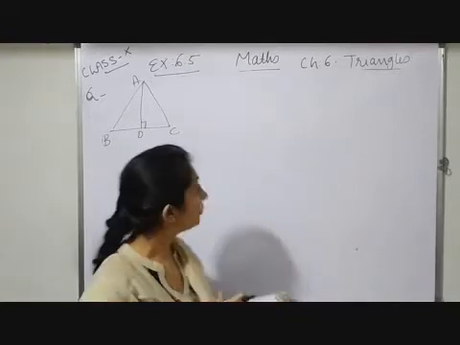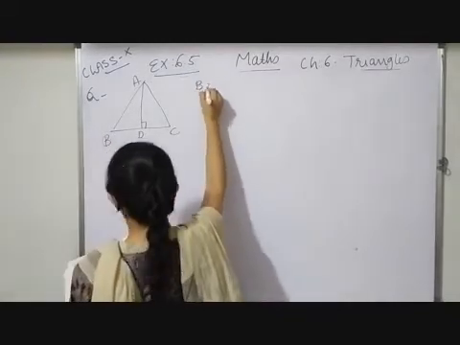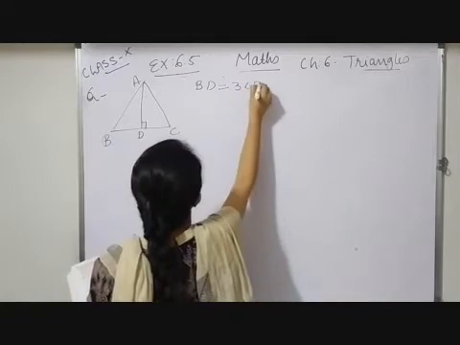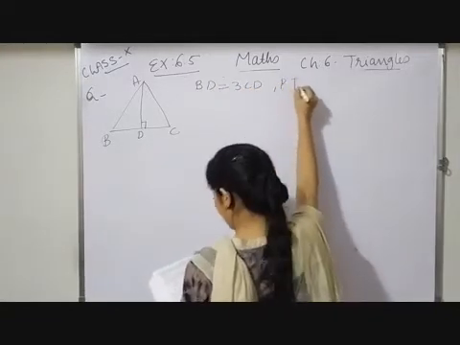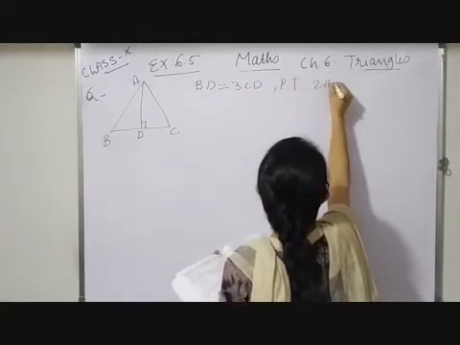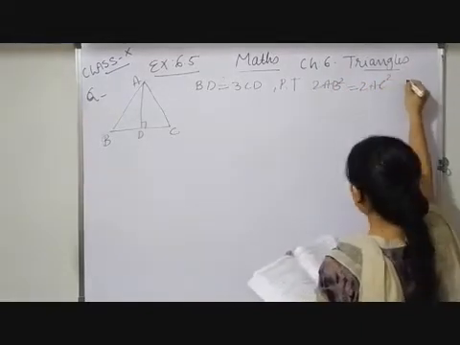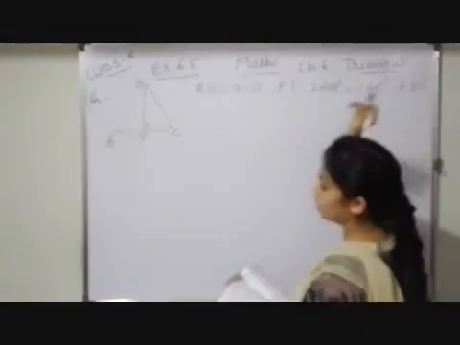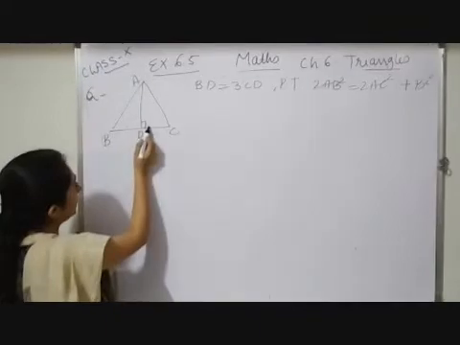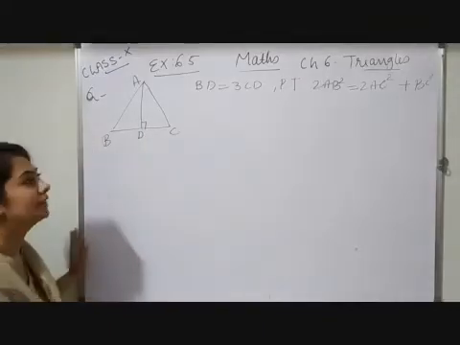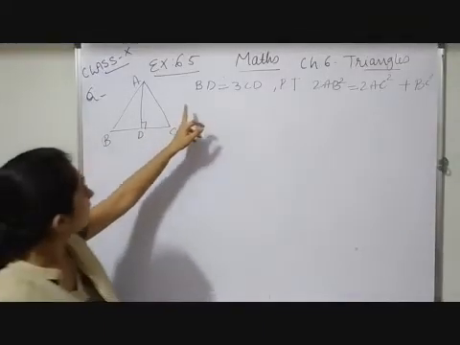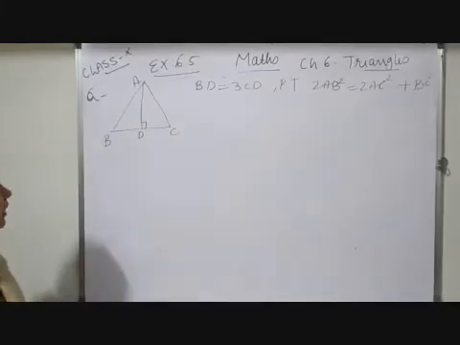Such that BD equals 3 times CD is given, and prove that 2 times AB square equals 2 times AC square plus BC square. I want this. Now here, in both triangles, angle D is of 90 degree.